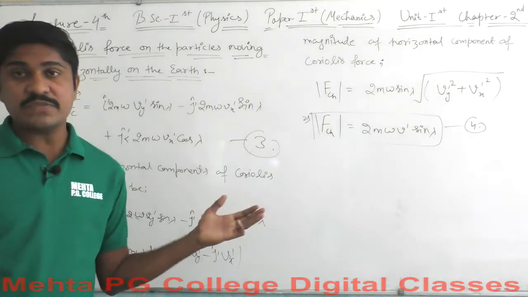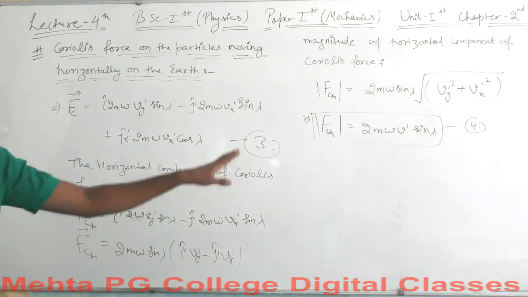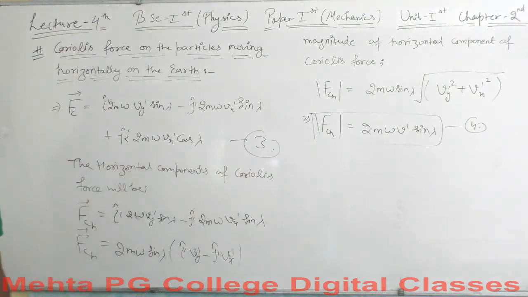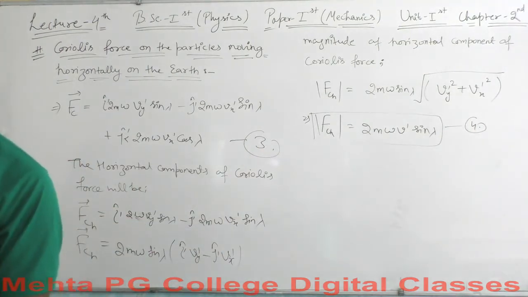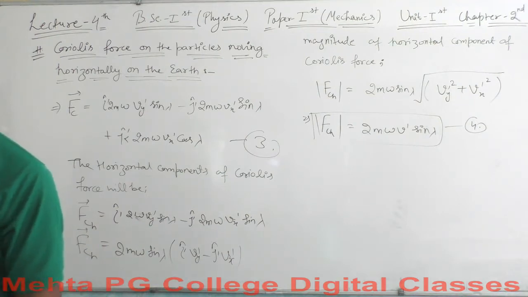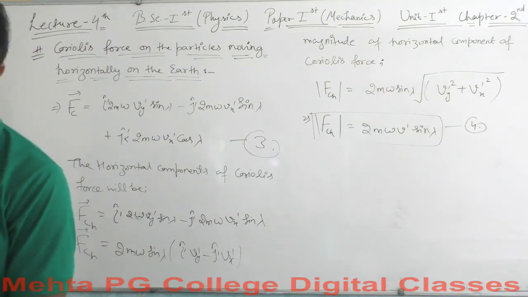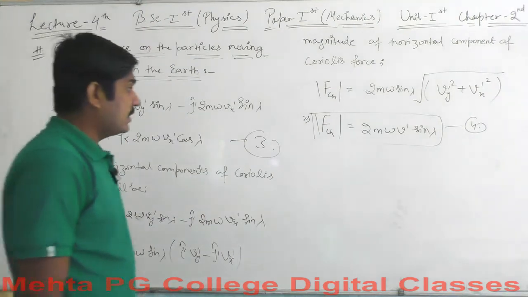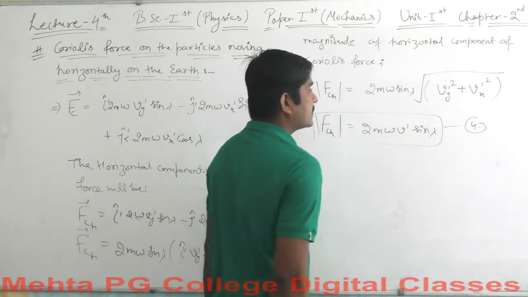According to this equation, the horizontal component of Coriolis force acts towards right in the northern hemisphere and towards left in the southern hemisphere. Let's see this for V dash.